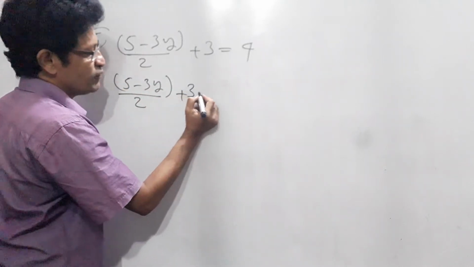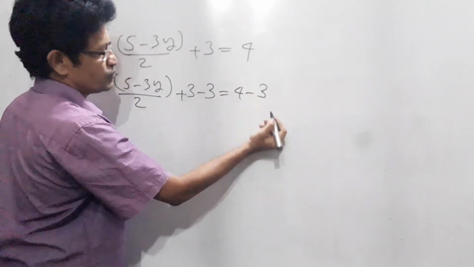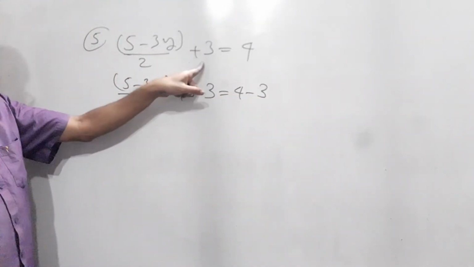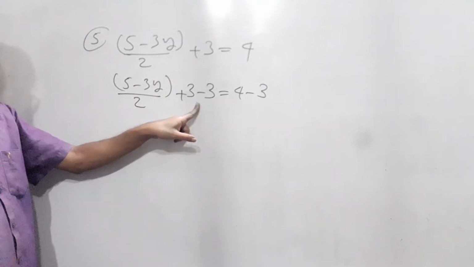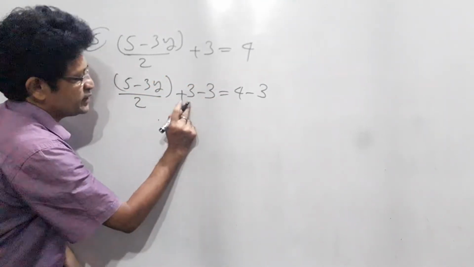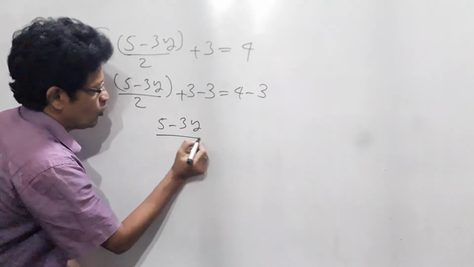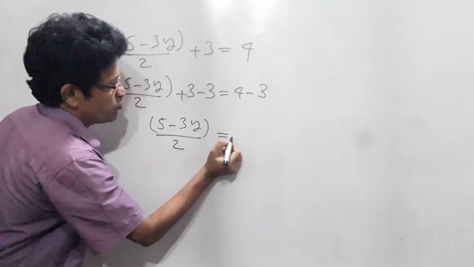To cancel this plus 3, I subtract 3 from this side. Therefore, on the other side also I have to subtract 3, 4 minus 3. Then plus 3 and minus 3 will get cancelled. (5 − 3y)/2 equals 4 minus 3, which is what?